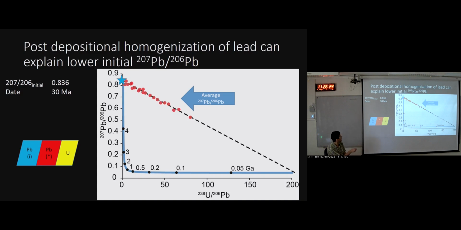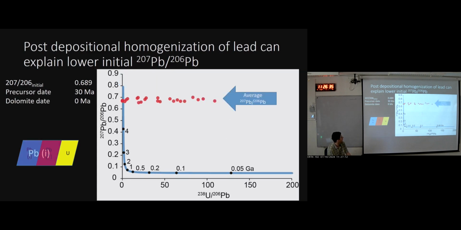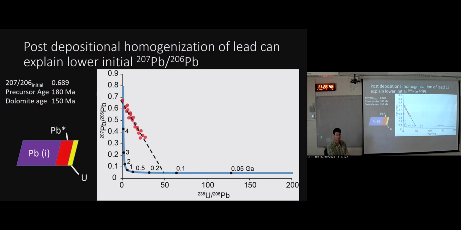So we turn these two compartments, the initial lead and the radiogenic lead, into a new one that then also gives us the new initial. Then we get a new initial that is lower, right? And then we let the system evolve as a closed system over, let's say, another 150 years.